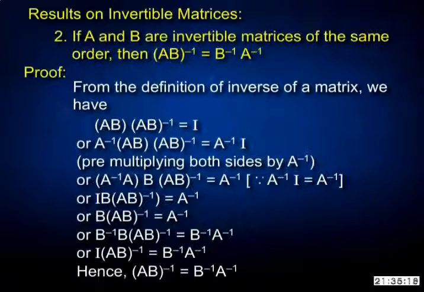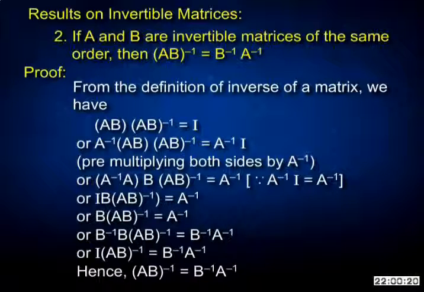Pre-multiplying both sides by A inverse, we get A inverse into A whole multiplied by B into inverse of A into B is equal to A inverse, because we know that A inverse into identity matrix I is equal to A inverse.